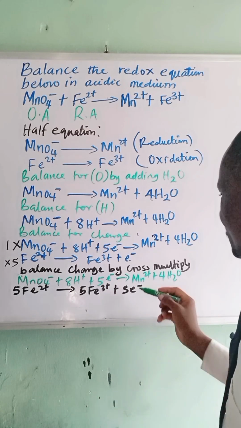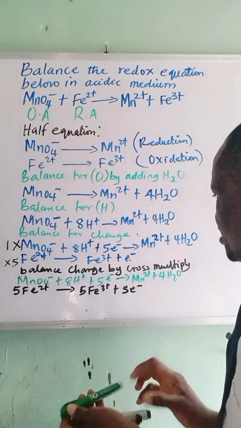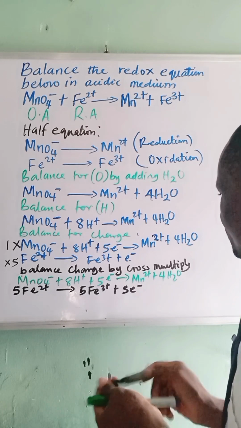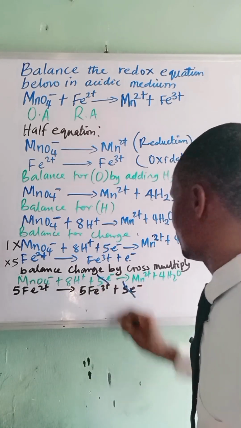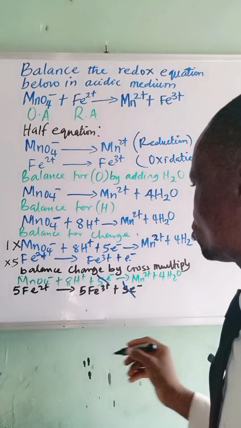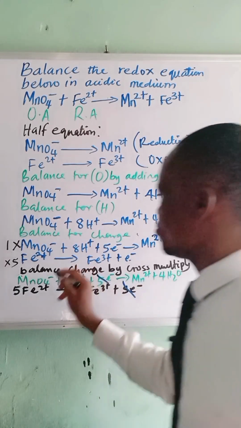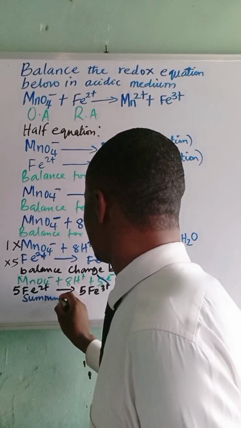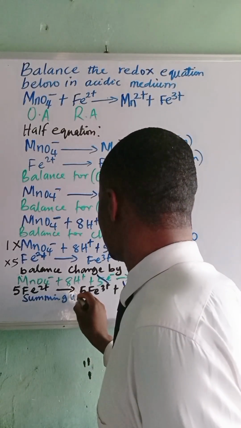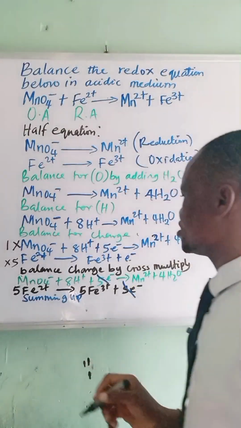So the next thing you need to do is to cancel the charges that are the same. Since we have 5 here, we have 5 here. 5 against 5. Then sum up the charge.